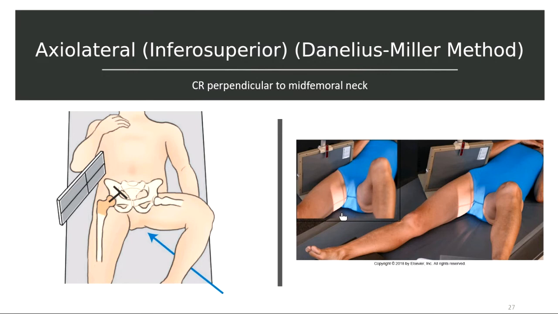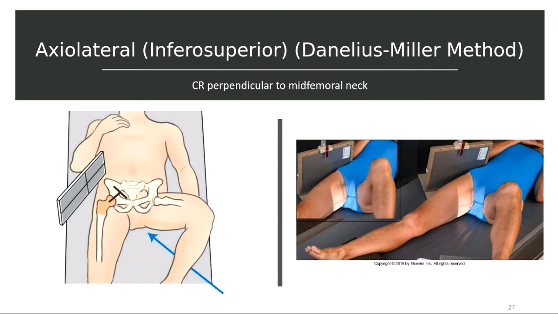Again, not very nice, but if you think about it, you're pretty much shooting directly into the patient's crotch, which gives you a cross-table lateral of the proximal portion of the hip. You're not really going right into the crotch, because you're talking about the pubic symphysis, which is not what you're trying to image. You're trying to image the femur. So it's just off center from that. So you're perpendicular to the femoral neck. And the technique again is 90 kVp at 40 mAs.